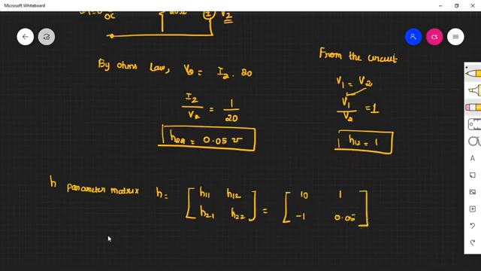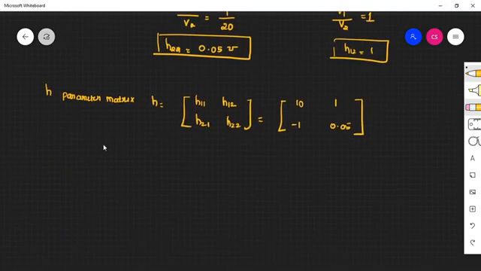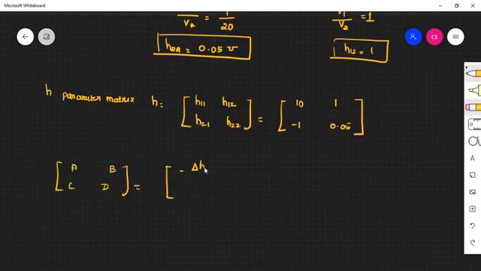Now we are asked to find the ABCD matrix from the H parameter matrix. The relationship between ABCD and H is given by ABCD equal to minus del H by H21, minus H11 by H21, minus H22 by H21 and minus 1 by H21.